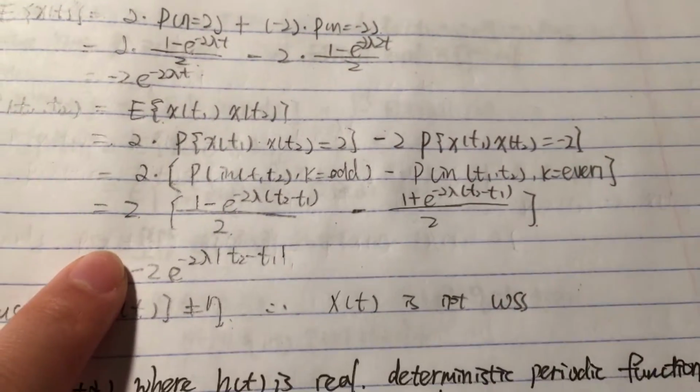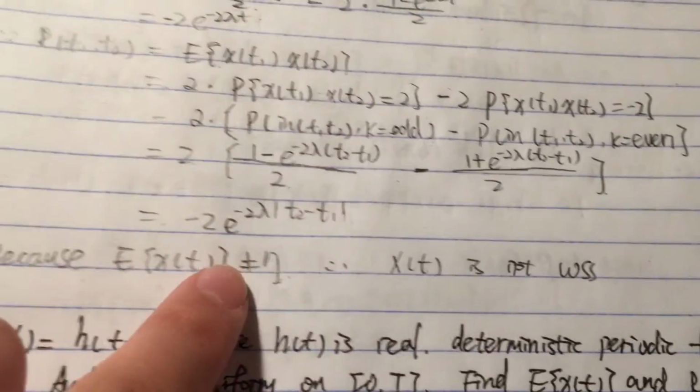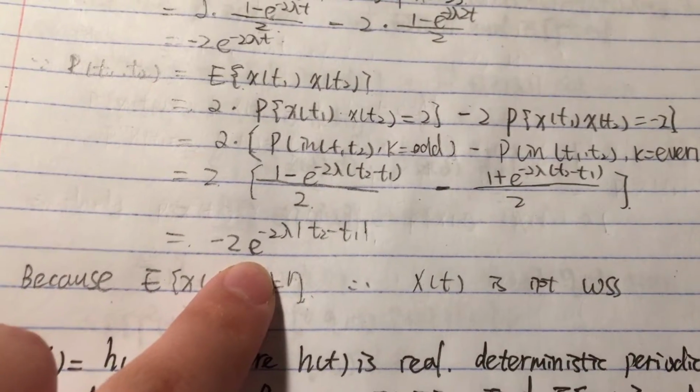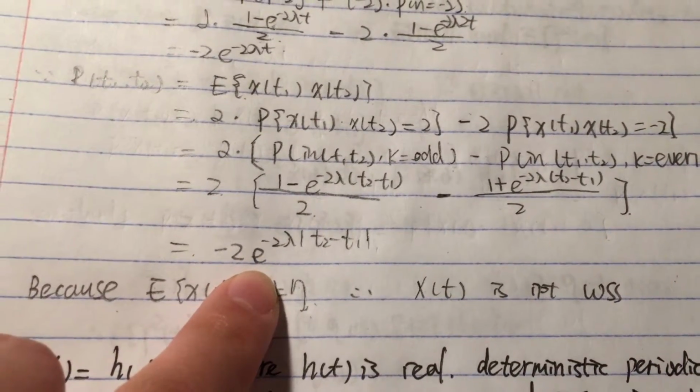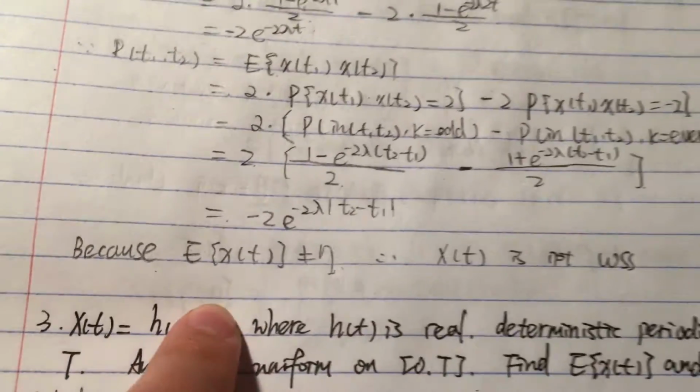So we plug in the result that we just calculated, and we get this result: it equals minus 2 times e to the minus 2 lambda times the absolute value of T2 minus T1.